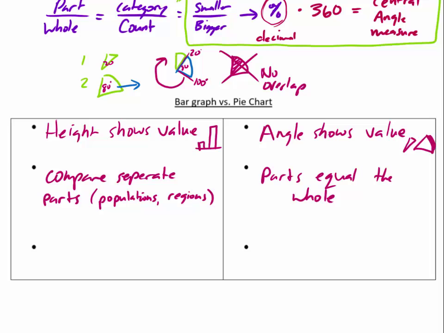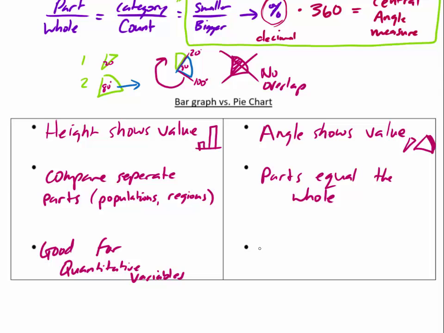Now, bar graphs are usually good for quantitative variables, so they're good for numbers and things like that. And pie charts are actually good for quantitative variables as well.